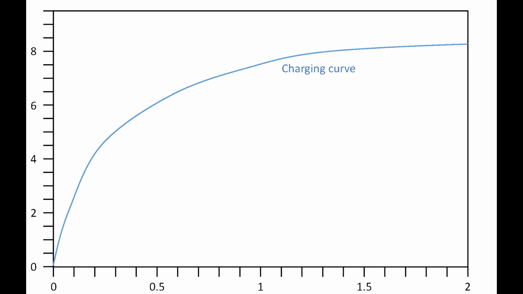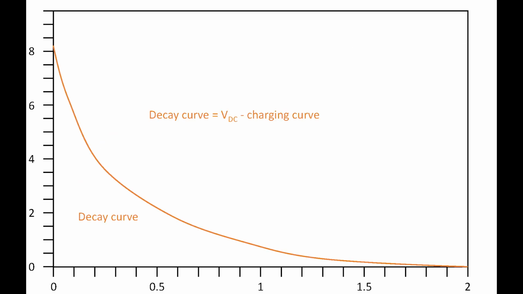Indeed, the data acquired is a charging curve because we are measuring during the injection. So we have to transform this charging curve into a decay curve. To do so, we compute VDC and then compute the VDC minus charging curve to get the decay curve.